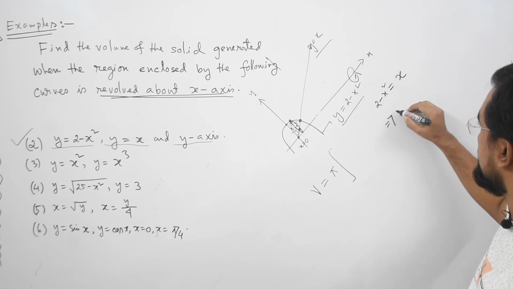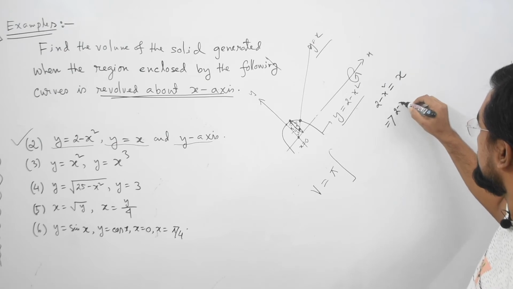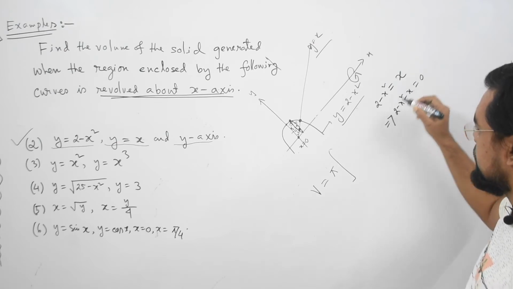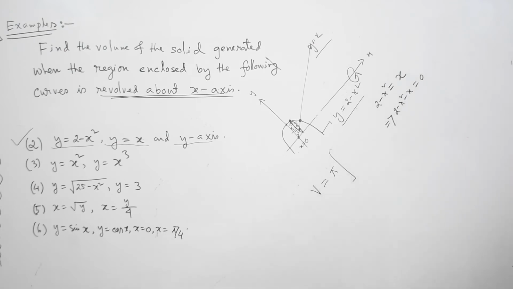Therefore 2 minus x square minus x equal 0. This implies x square plus x minus 2 equals 0. This implies x square minus x plus 2x minus 2 equals 0.